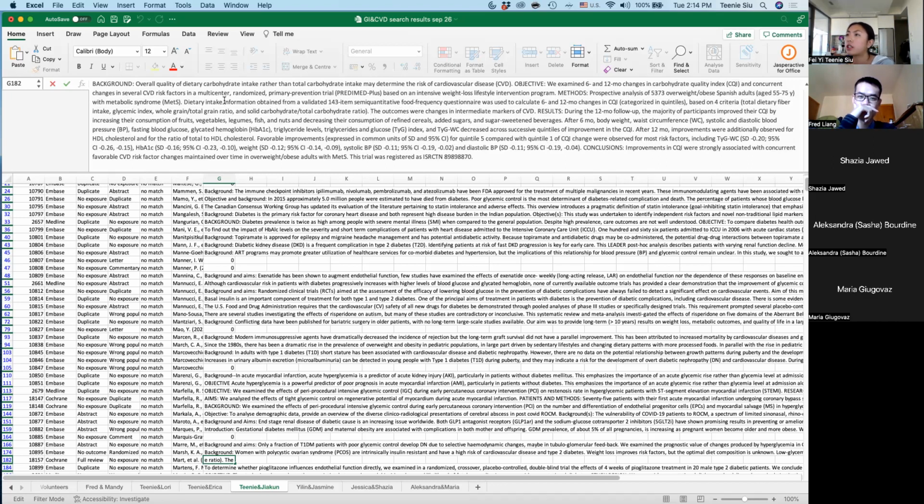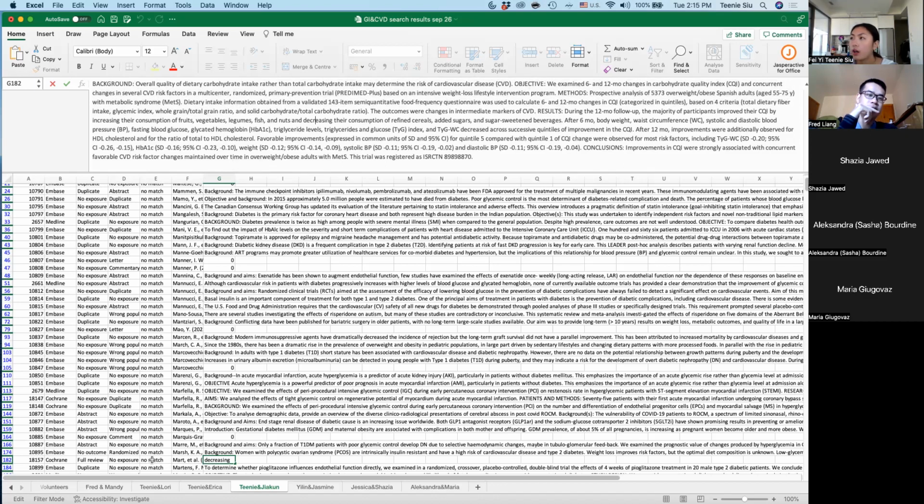I'm just seeing if this was a prospective study after they intervened. They said we examined, and already here you can see it's a multi-centered randomized primary prevention trial. So that is not what we're looking at because it's an RCT.